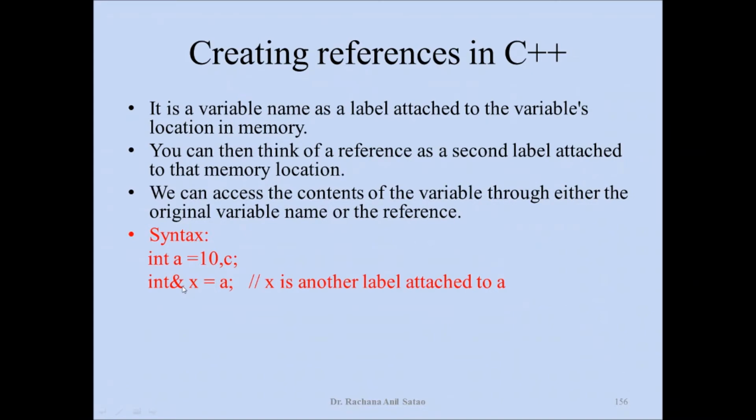This syntax of using the ampersand for declaring x says that I am declaring a reference x, which is a label for a. So x is another label attached to a, but we call it a reference because it is a second name attached to that particular location. By integer a, I am reserving an integer memory location for the value 10.